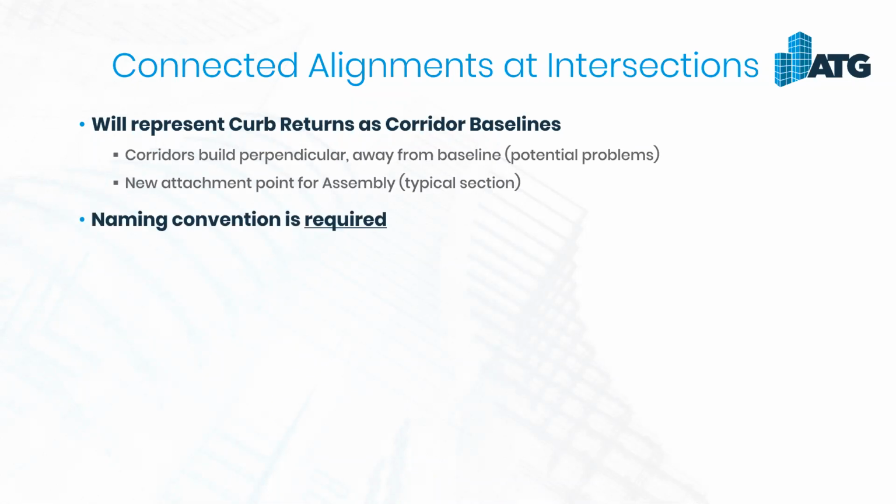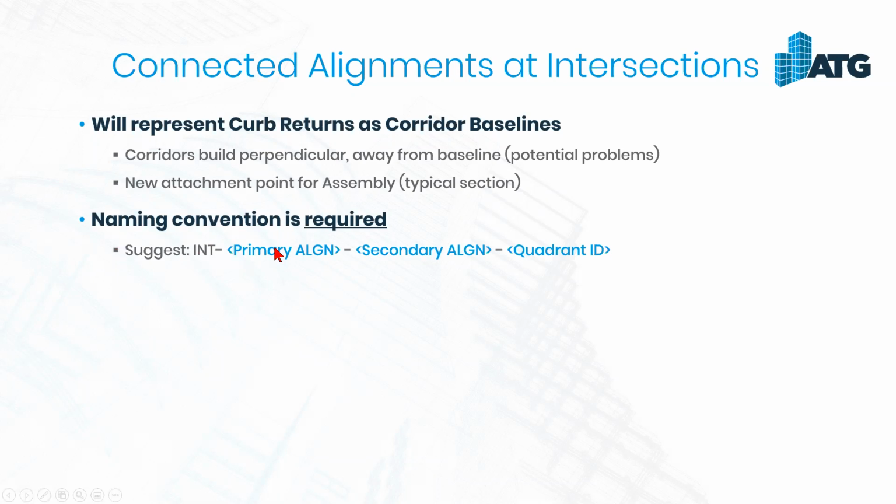When we're using these connected alignments for our intersections, you're going to have to use some kind of a naming convention. I'll propose one, but the number of objects that are going to be used by your corridor as both input and targeting data is very, very high. So keeping this all straight comes back to one of my core tenets that I talk about a lot with Civil 3D modeling, which is be deliberate and use the name of your objects to your advantage. Because this is going into an intersection, I like to put in a string value of just int.